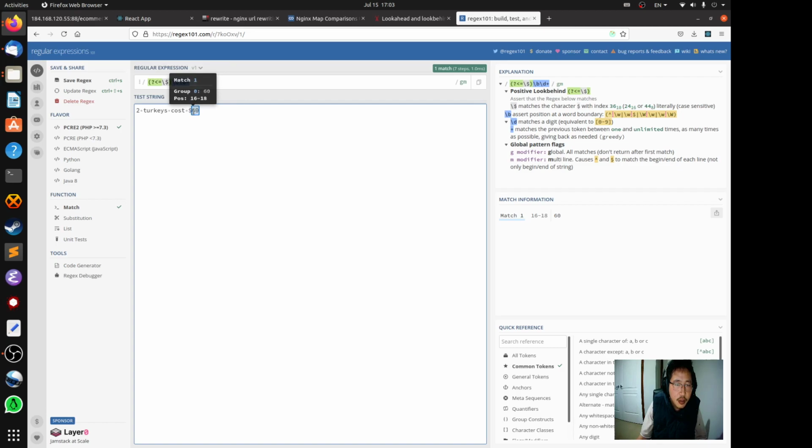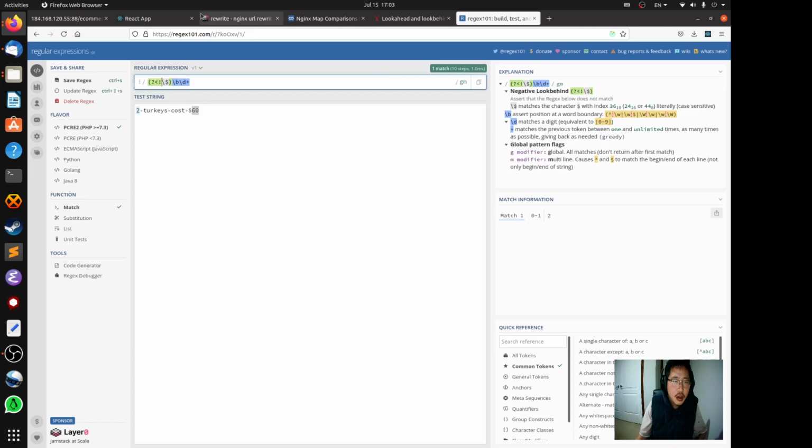But here, sorry, the 6, the previous character is a dollar sign, so that qualifies. And what matches is one or more digits. So this is the match. Okay, so I'll bring it back to negative look behind, which is the match is 2.